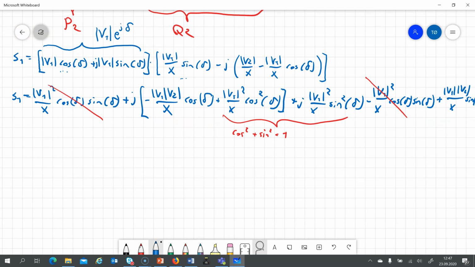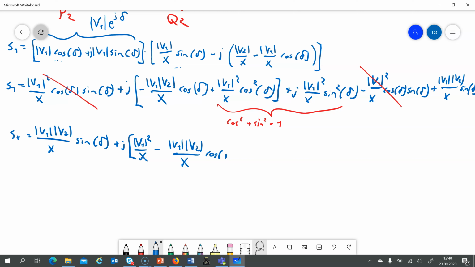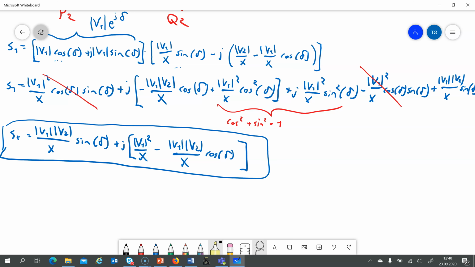So we finally get S1 equal V1 V2 over X sine delta plus j (V1 squared over X minus V1 V2 over X cos delta), like this. I think we can make it.